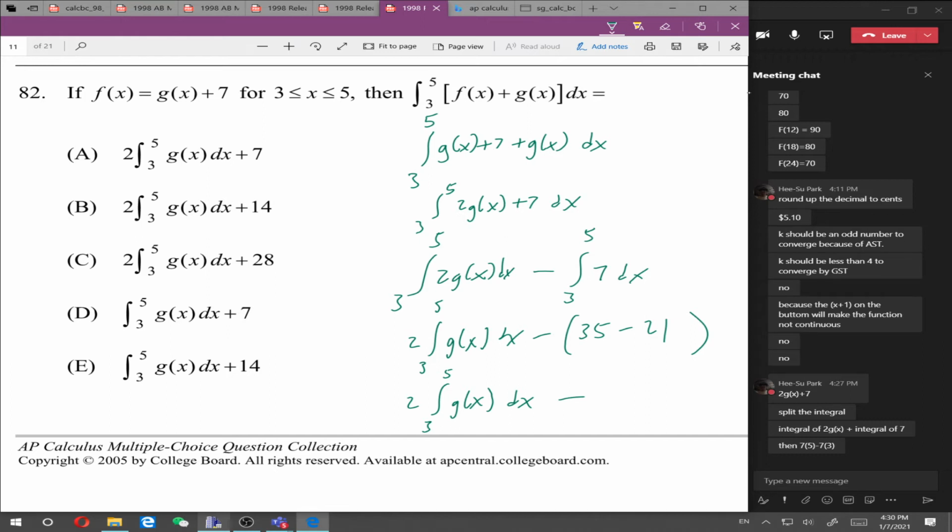Why do I have a negative when everything else has a positive? I just didn't copy down the line correctly. Sorry, all of these are positives. So plus 35 minus 21, so that's plus 14. So this one matches B.